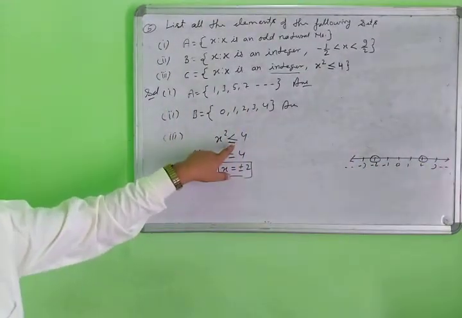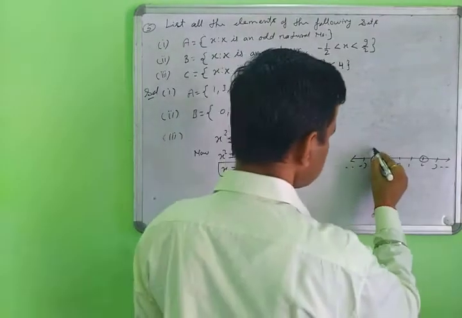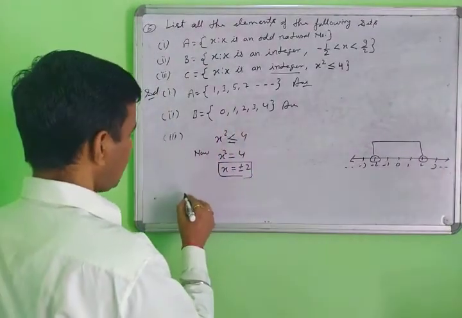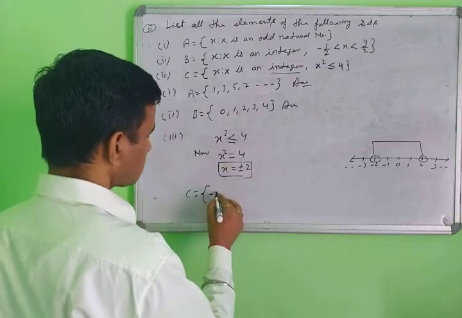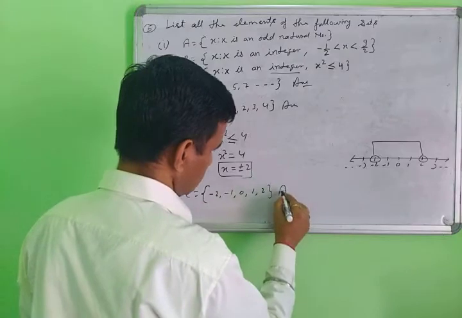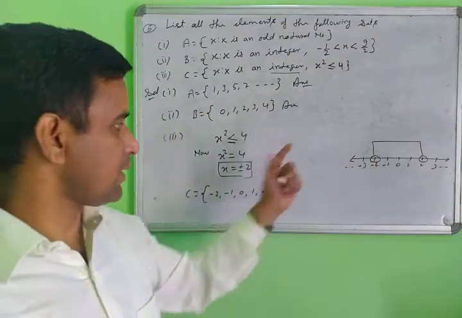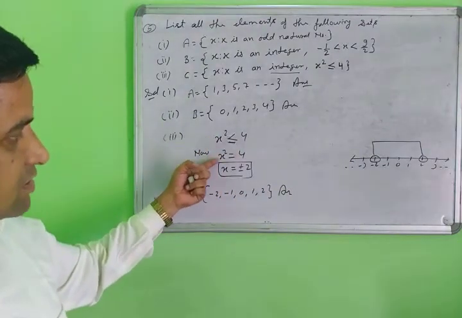Here the equal sign is also used, so these two limits are also used. That means set C is -2, -1, 0, 1 and 2. This is your answer. This is the rough work, but this is also fair work. First you convert the inequality into equation form.